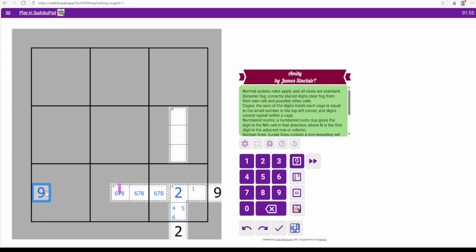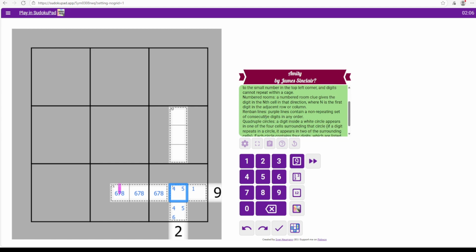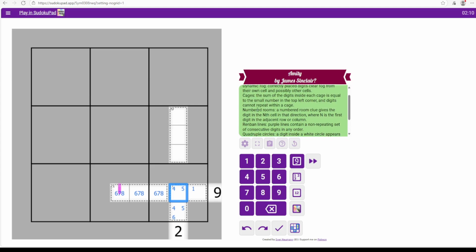Okay, so wait, that isn't a 9, right? Let's look. Numbered rooms. Numbered room clue gives the digit in the nth cell in that direction. So that should be a 2, right?